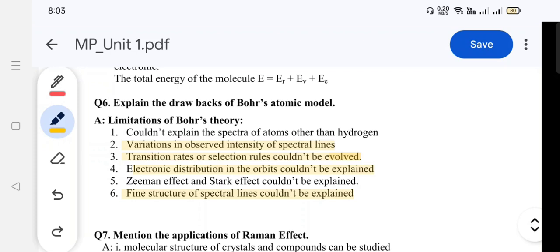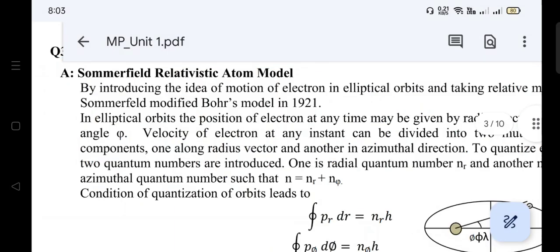Also, it could not explain the Zeeman and Stark effects. The Zeeman effect is the splitting of spectral lines in an external magnetic field, whereas the Stark effect is the splitting of spectral lines in an external electric field.